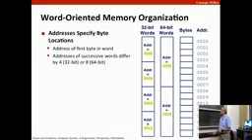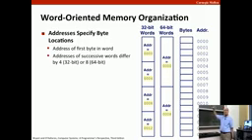So anyway, the idea is that the memory itself is a series of bytes, but we can group those into blocks of words of different word sizes. And the way we do that is usually by assuming that the address of the word is the lowest valued address in it.